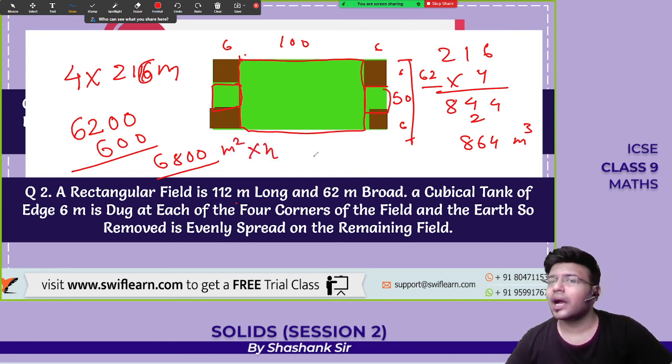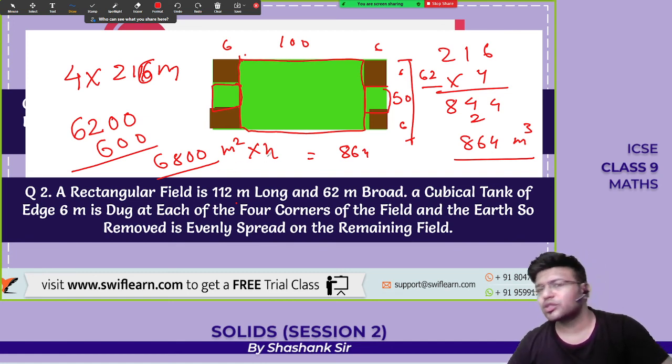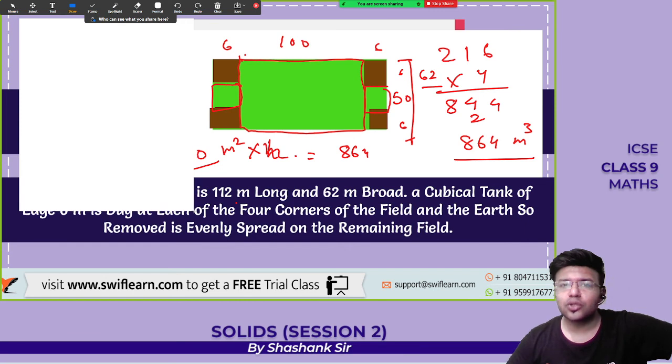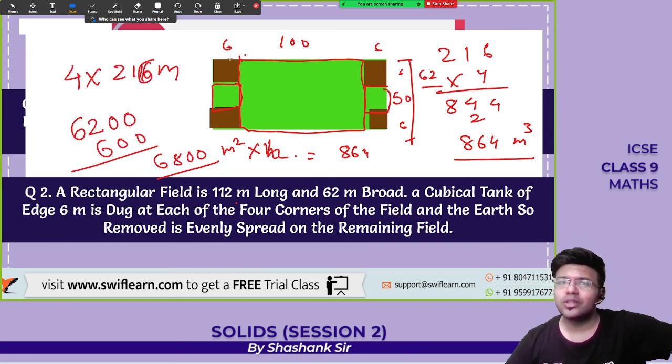Now into the height will give you this. So 864. Convert this meters in centimeters, you will get the height. Do the calculations and all, you will get the height in centimeters, or you can get the height in meters also. So this area is 100 into 62 is 6200.